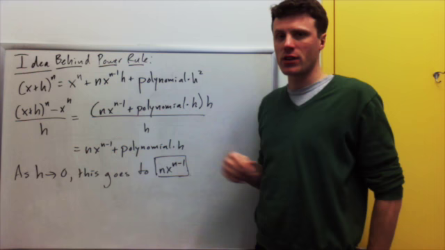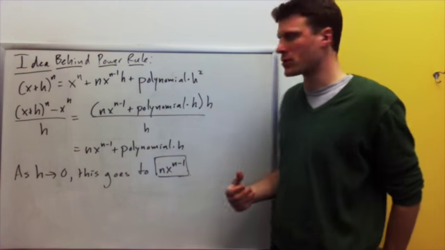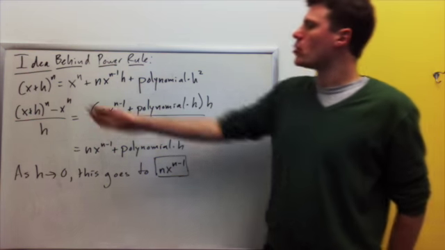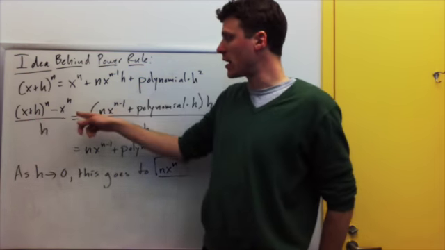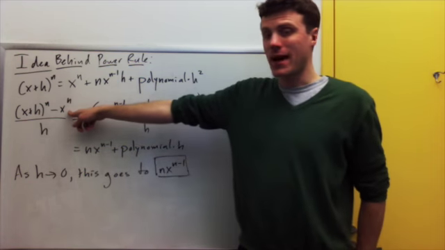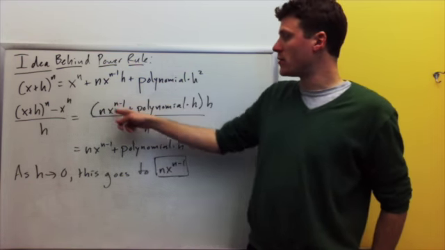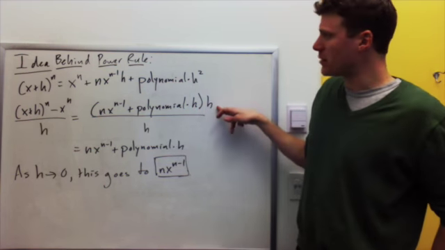So really a polynomial times h squared, a bunch of terms that have h squared or higher powers of h, so I can factor out an h squared from that polynomial. When I put that into the expression inside the limit, x plus h to the n minus x to the n over h, subtracting x to the n gets rid of this x to the n, and I'm left with n times x to the n minus 1 plus a polynomial times h, and I can factor an h out.